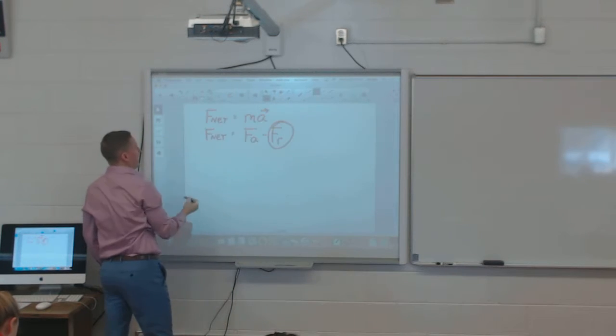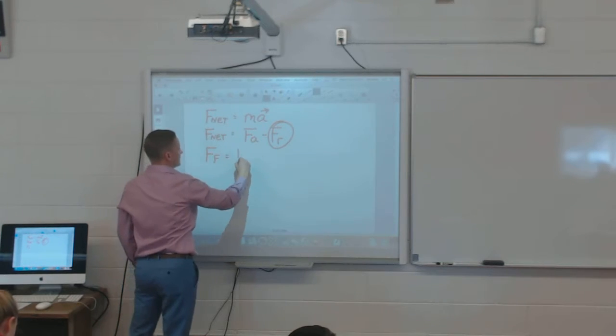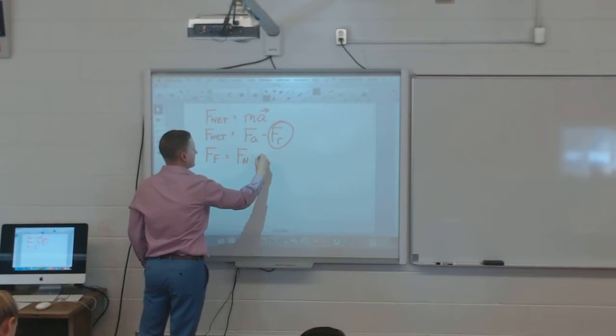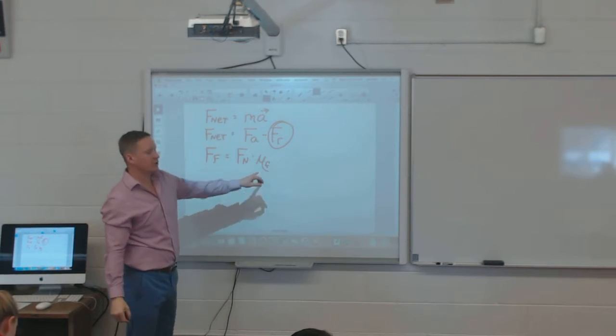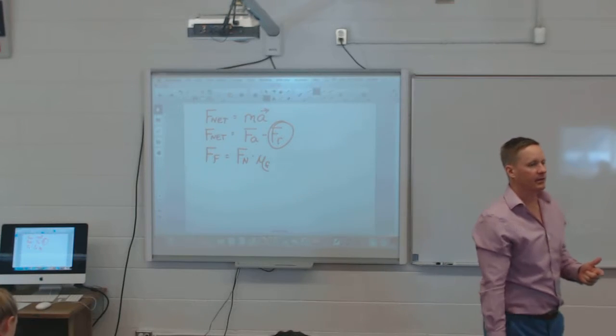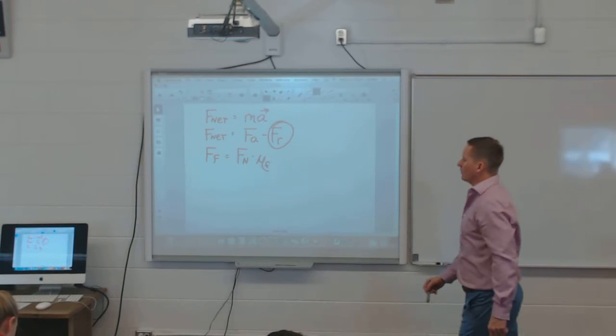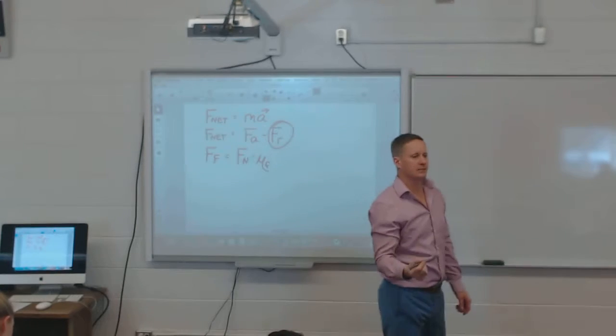And then force of friction is found by taking your normal force times your coefficient of friction. The coefficient of friction is given to you either on a table or in the question itself. What it represents is the different surfaces.